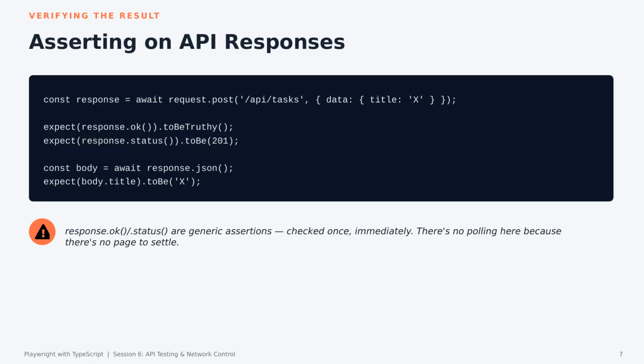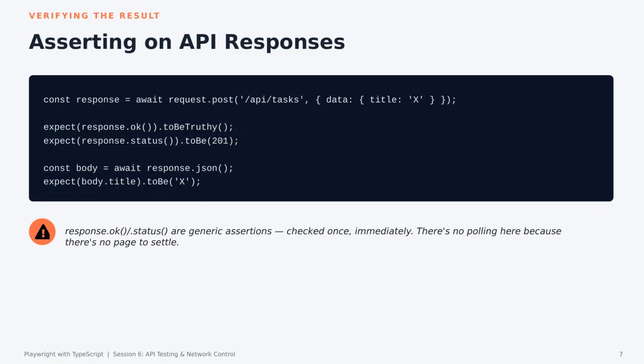Once you've got a response back, here's how you actually verify it. const response = await request.post, creating a task. Then expect response.ok to be truthy. Expect response.status to be 201. const body = await response.json. And expect body.title to be the expected title.